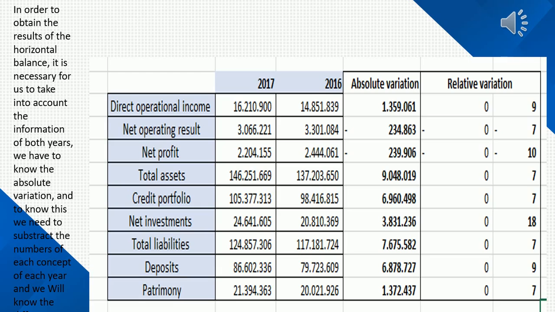After making the operations for the company's balance, we have that the net operating result and the net profit, as we can see, are negative, which means that they had a better result in those concepts in 2016.